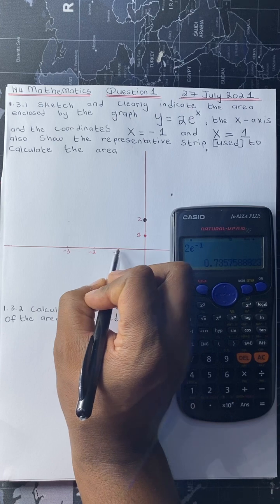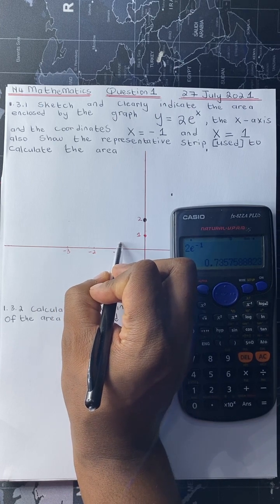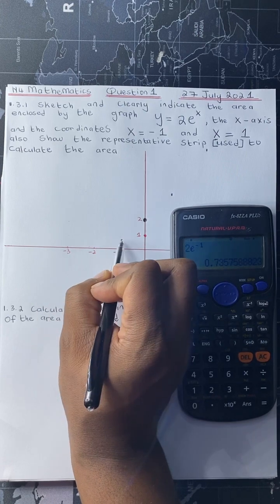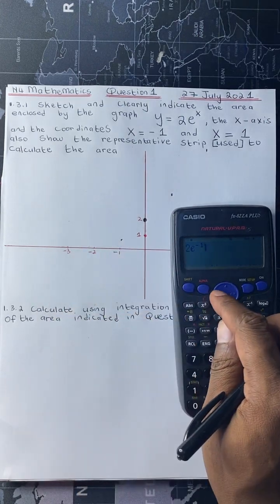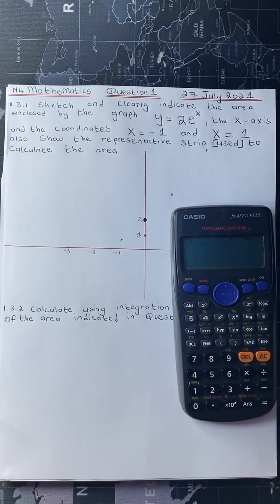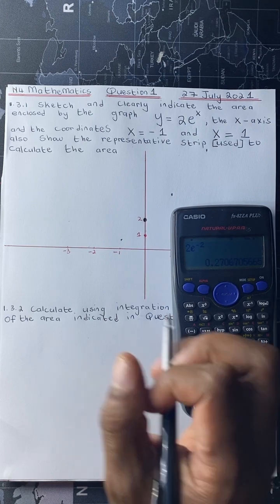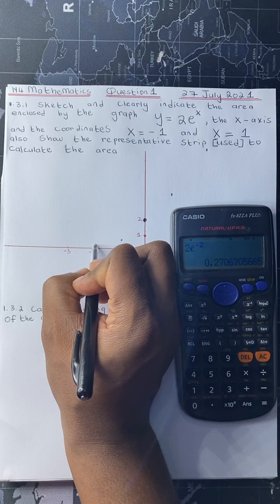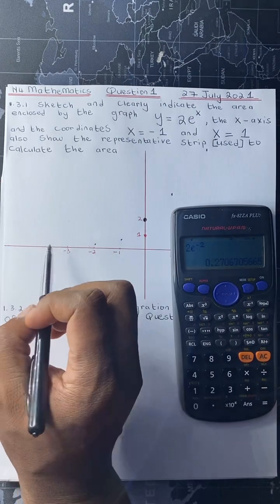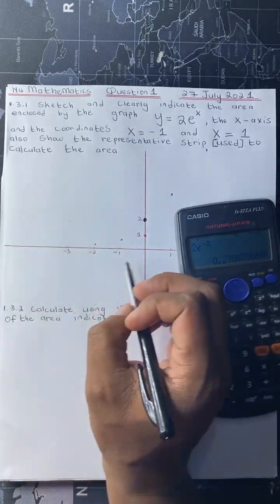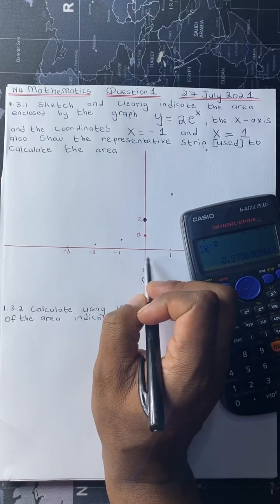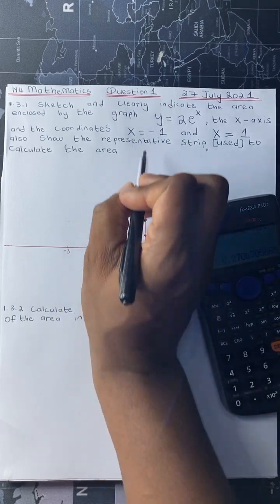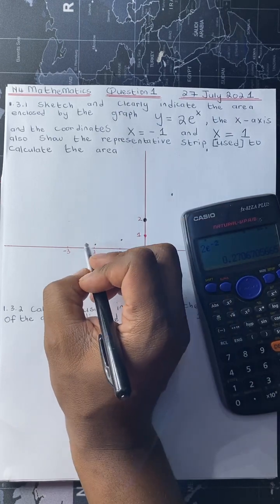So when x is equal to -2, then y will be equal to 0,27. The graph will not cross to the negative side of the y-axis. It will always be on the upper side of the positive y-axis.